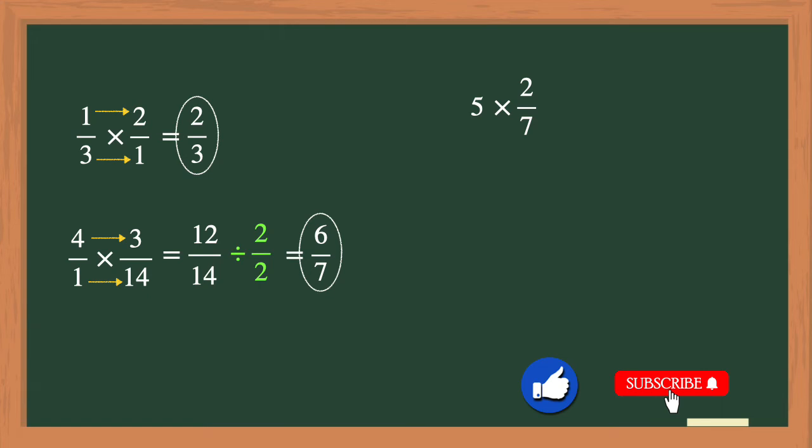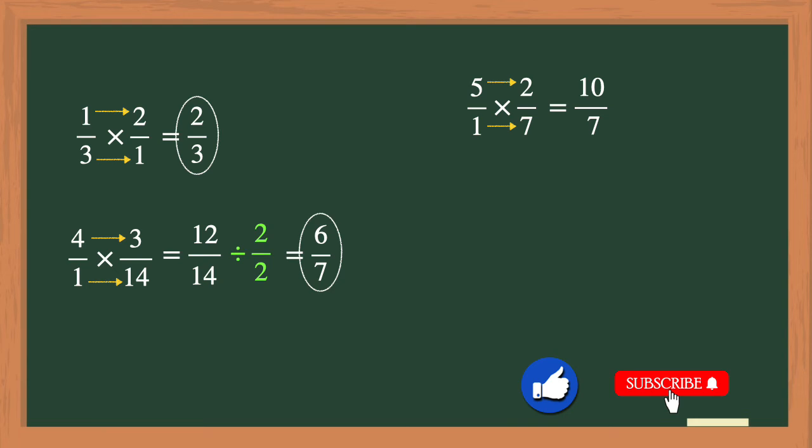This next problem will have a slightly different product than what I've shown you so far. So I'll begin by writing an equivalent fraction for the whole number of 5. Now I can multiply the numerator straight across to get 10, and then the denominators to get 7. Now I have an improper fraction here, so it definitely needs to be simplified.